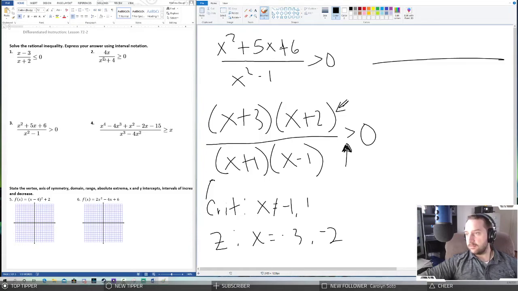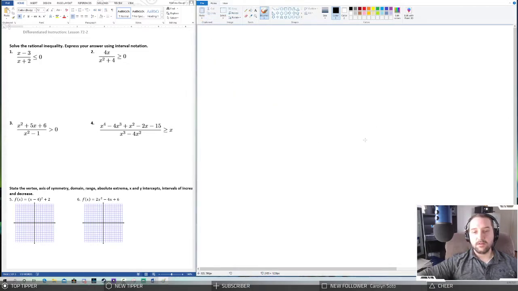We all want them in the format of one thing compared to 0. So we actually have to spend the time making it look like that first.